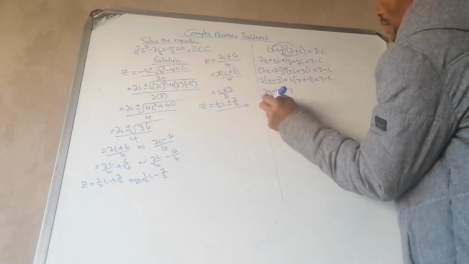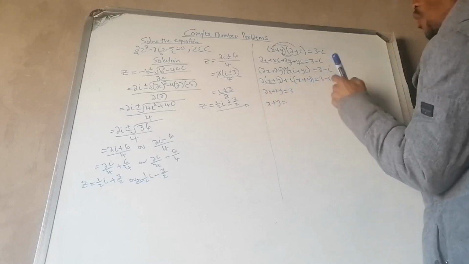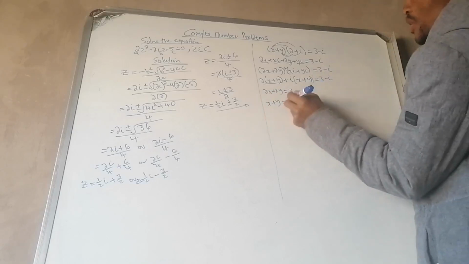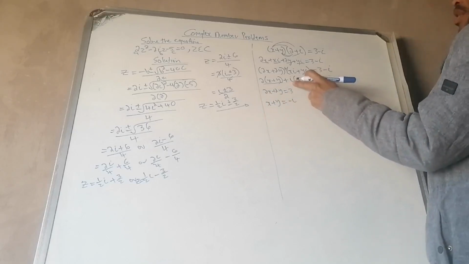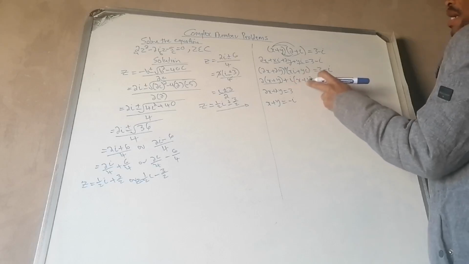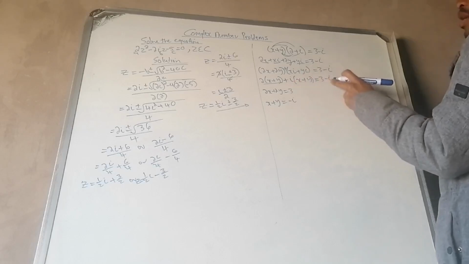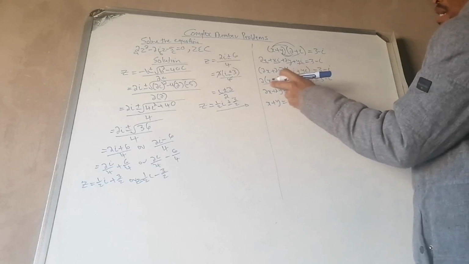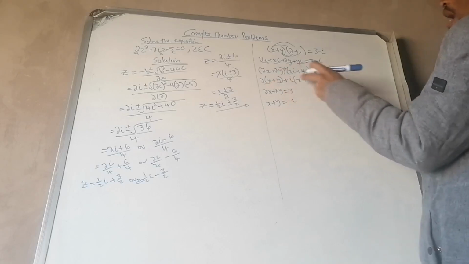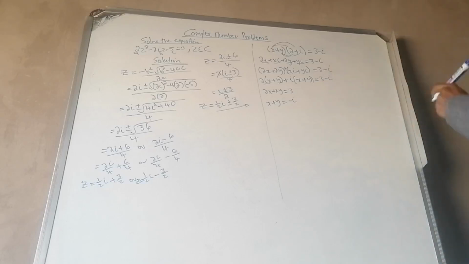And x plus y equals the imaginary root, which is minus I. Because there's an I there, so this is the imaginary root that is equals to minus I. This is the real root, it doesn't contain I, it's equals to the real root on the right side. And I will be left with this. I have my 2x plus 2y equals 3. And I have my x plus y equals negative I.